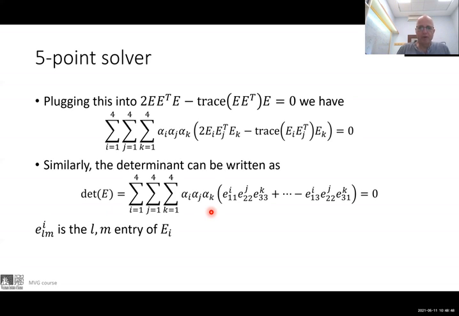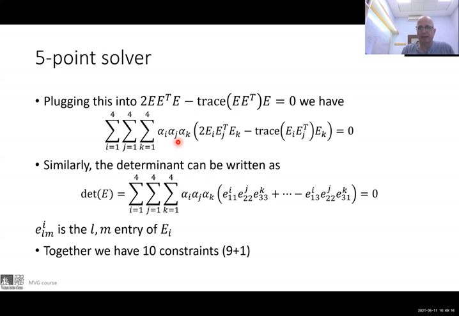Overall we have 10 constraints: 9 equations here and 1 equation for the determinant. And the number of unknowns is 3: alpha 2, alpha 3, and alpha 4. You see that these equations are cubic in the alphas.